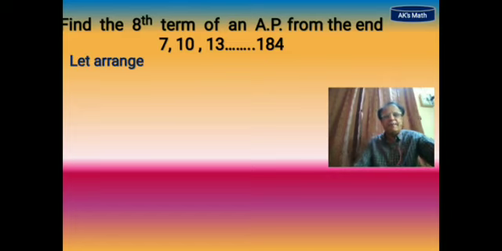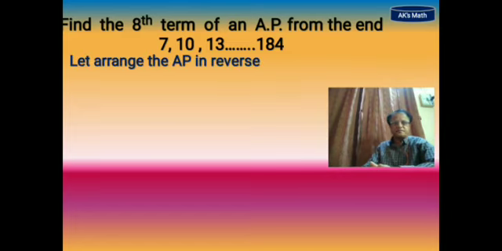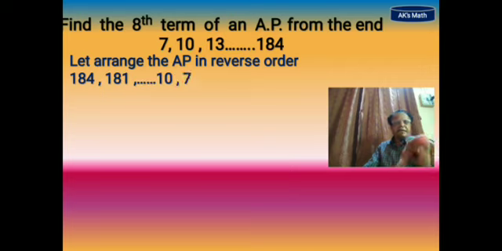चलो ये AP को उल्टा बिठा देते हैं. Let's arrange this AP in the reverse order. So after arranging this AP in reverse order, it will be like this. Now if you observe the original one, 7, 10, 13, the difference is 3. The first term is 7 and 10 में से 7 निकाल दो, difference 3 हो गया. तो इस given AP में difference is positive 3.